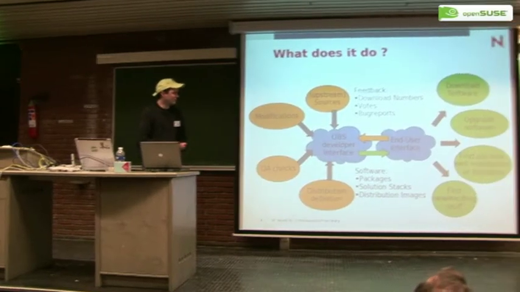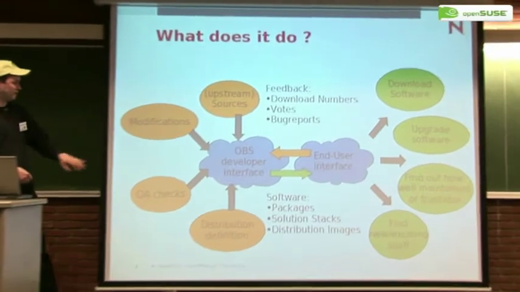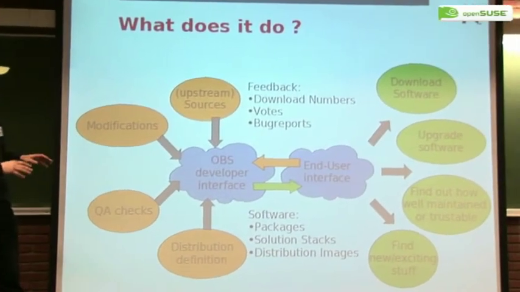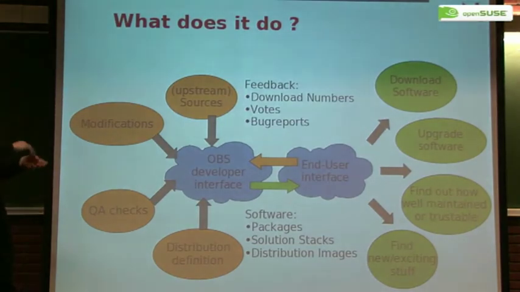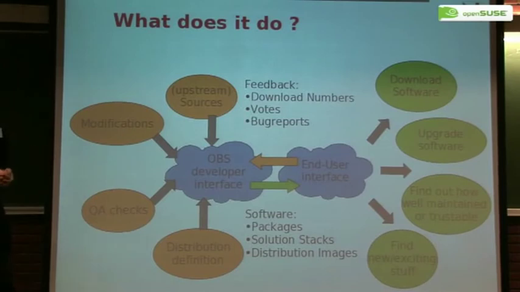So in the end, the build service has two sides. One is the developer side. Developers put in sources, and they add modifications to existing sources, for instance, adding a multimedia patch to the kernel. The QA folks want to automate the tests so that they don't have manual work, and so that their quality checks are redone at any time if some developer changes something.